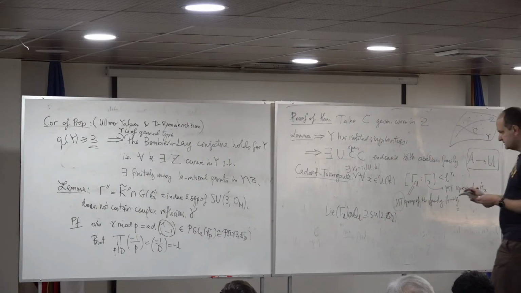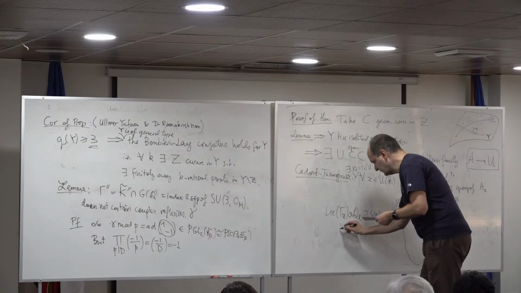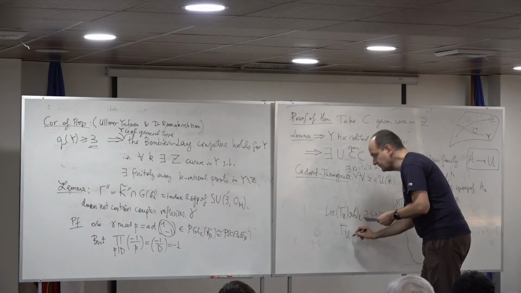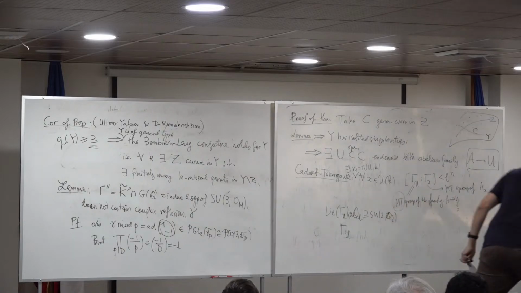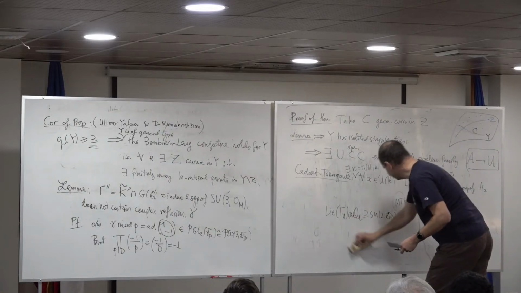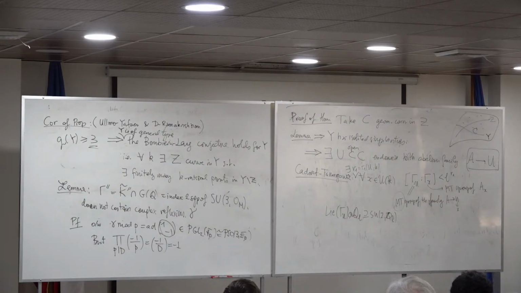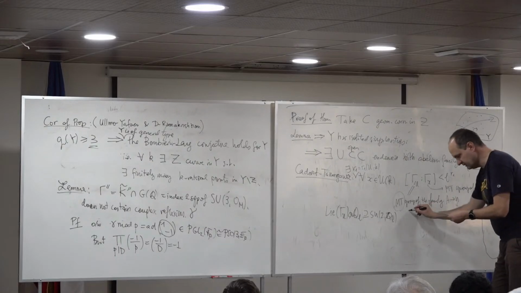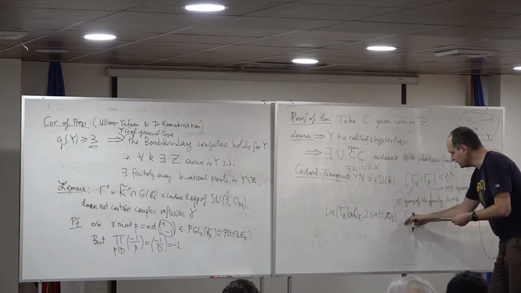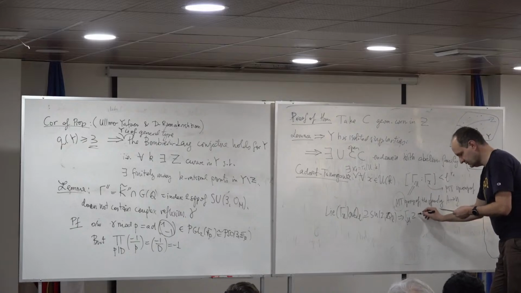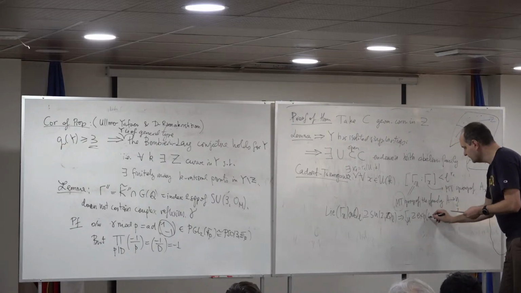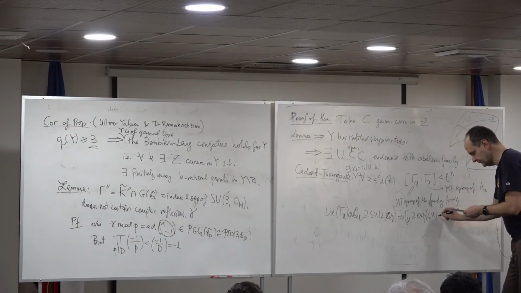And because it contains this, gamma U contains the exponential of SU2.